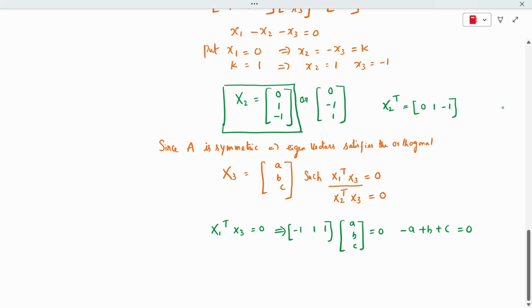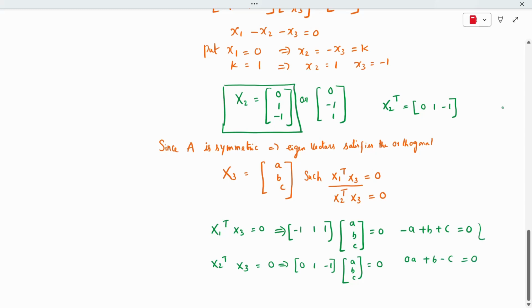Correct? Same way, x2 transpose into x3 equal to 0. So now I write 0, 1, minus 1 into A, B, C equal to 0. How can I write it as an equation? 0A plus B minus C equal to 0.